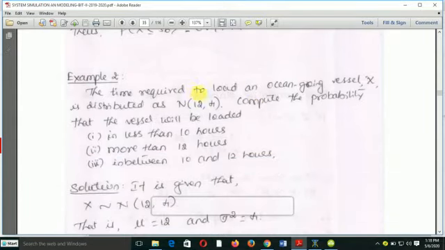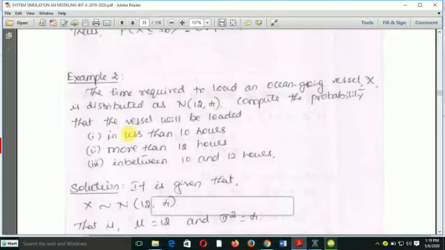So we can have the second example. The time required to load an ocean-going vessel, which is a ship or a big boat. The time required to load the vessel is x, and this is distributed as N(12, 4). The mean is 12 and the standard deviation is 4, it means the variance will be 2.